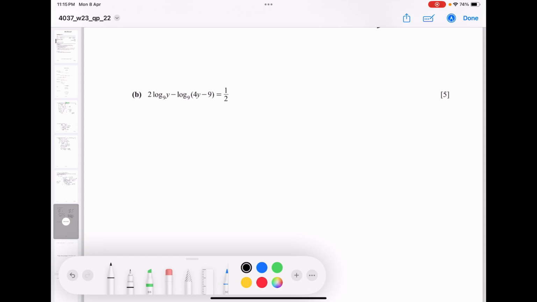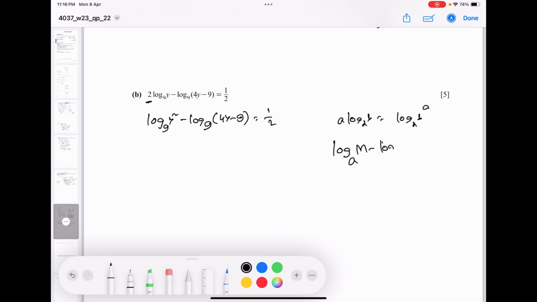Now, logarithmic properties: log x to the power b equals b times log x, so the power comes in front. So we can write log base 9 of y squared minus log base 9 of (4y minus 9) equals half.